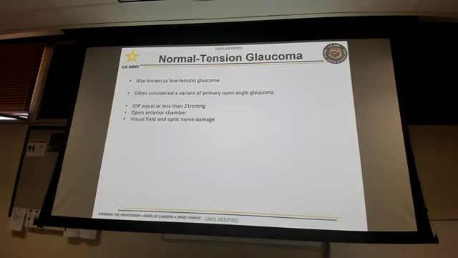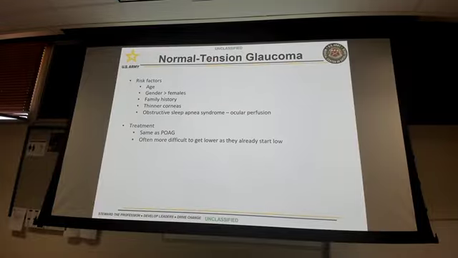So POAG, open angle glaucoma, you'll have high pressure, open angle, visual field loss, and optic nerve damage, right? For normal tension, as the name says, the pressure is in the normal range, open angle, but they are experiencing that visual field loss and optic nerve damage.